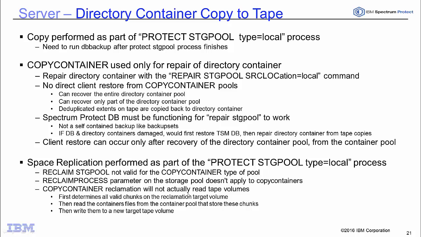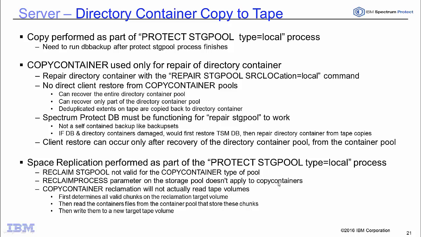When we get a tape that meets the reclamation threshold that you've set up, and what that means is that the tape has been written to the end, so it was full, but over time data is expired. And when you have a certain percentage of dead data on the tape, and that once again is in accordance with your reclamation threshold, we then take the valid data and move that to another tape and then reuse the original tape.